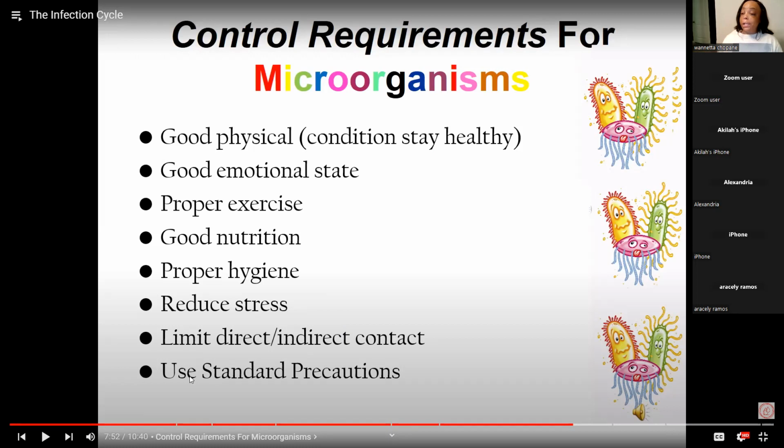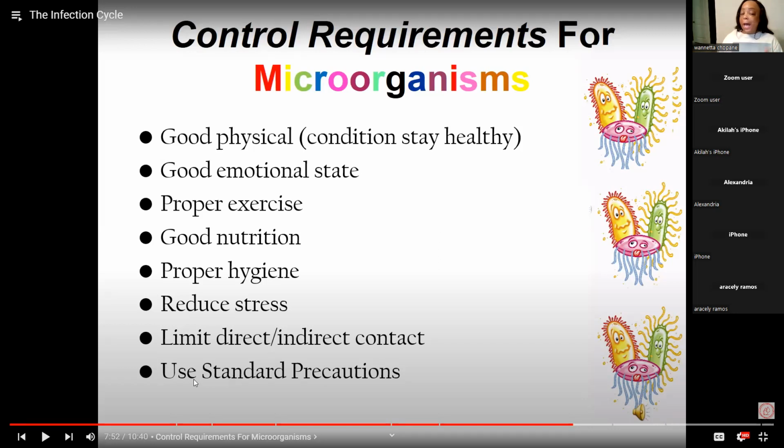And last but not least, what we just went over, make sure you use standard precautions. Standard precautions and universal precautions are all the same thing. That means standardized or universal, everybody has to wear gloves. That is a standard need, okay? This is what is required for us to have good immunity.